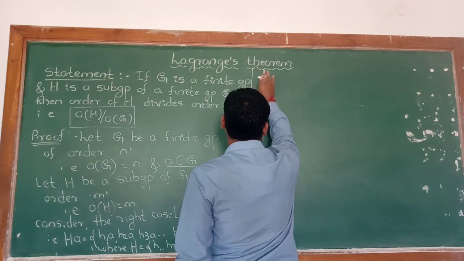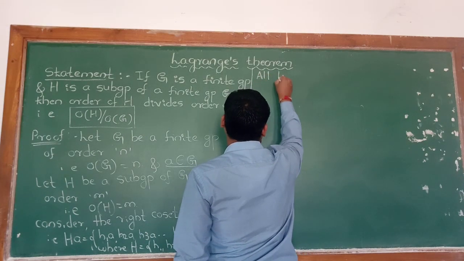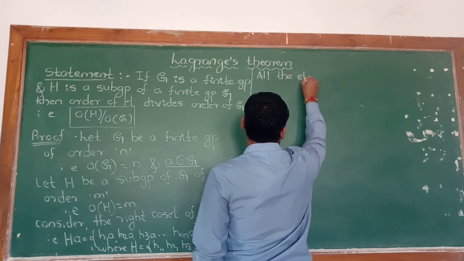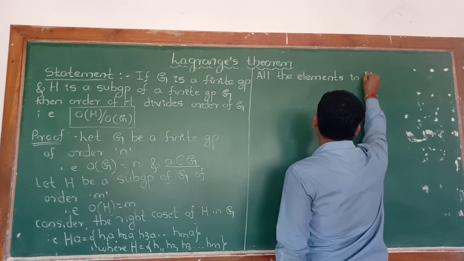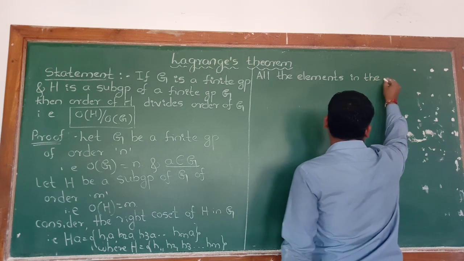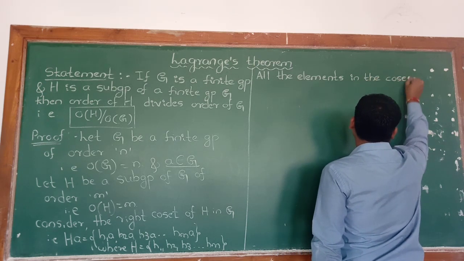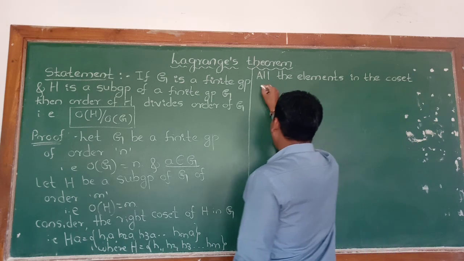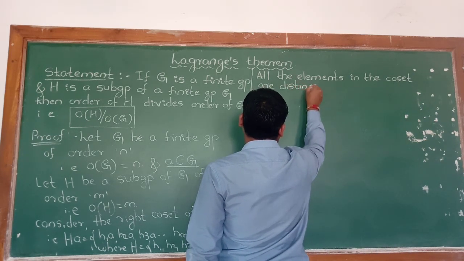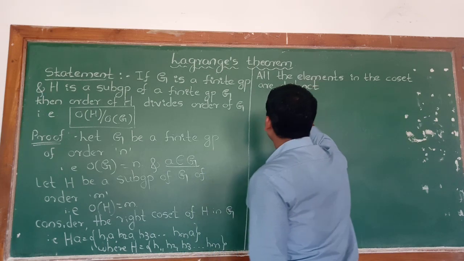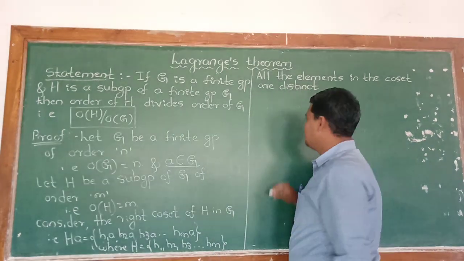We want to show all the elements in the coset are distinct.